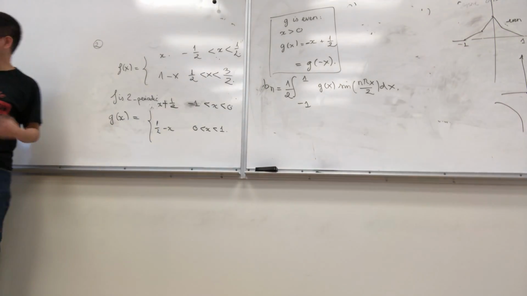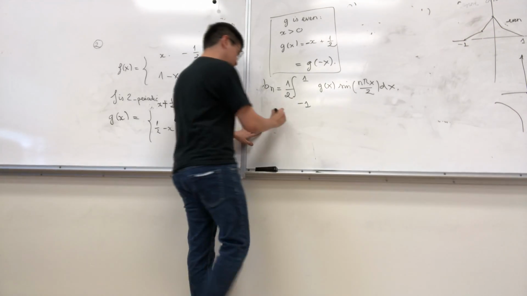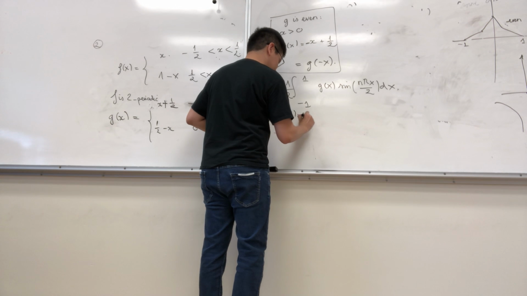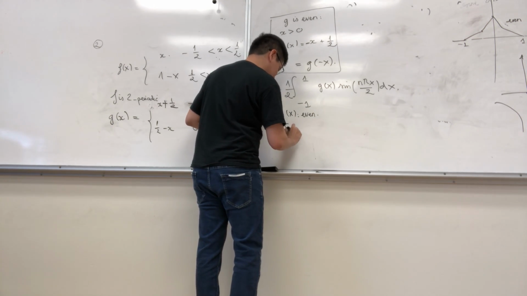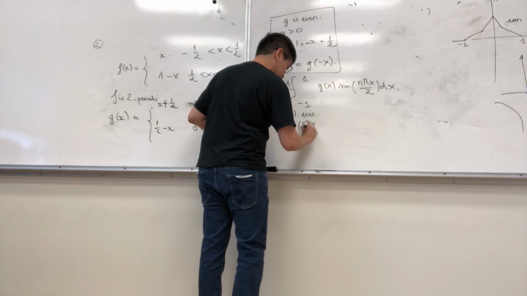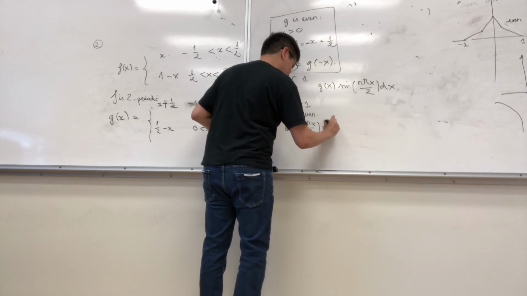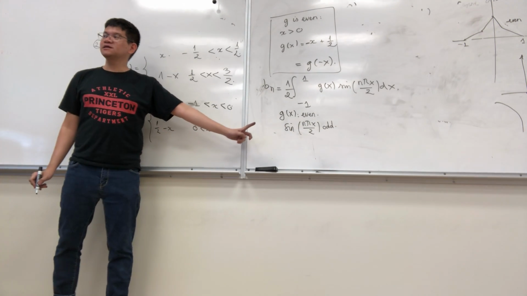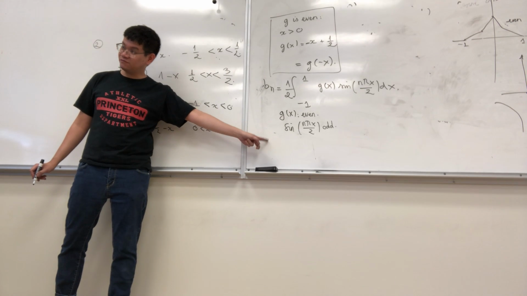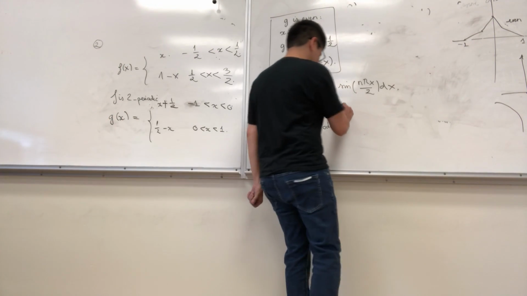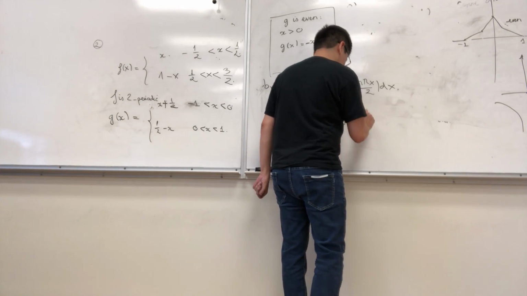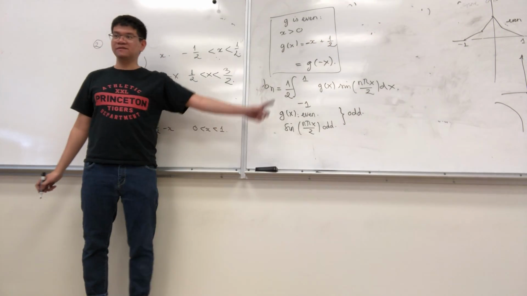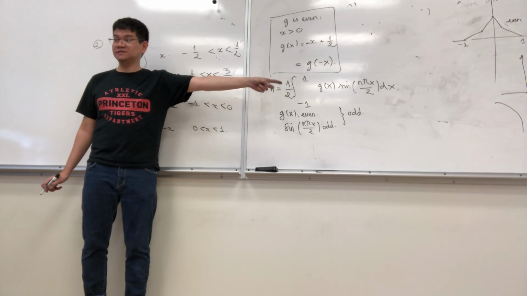So you can say the following: g is even and sine of n pi x over 2 is odd. So the product of an even function and an odd function is an odd function. So this is odd, which means that b_n is 0.